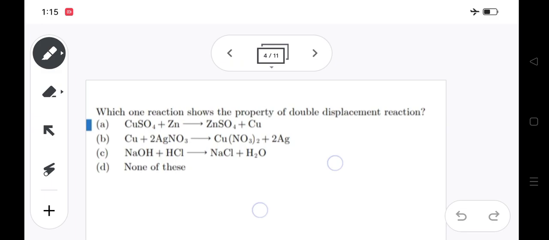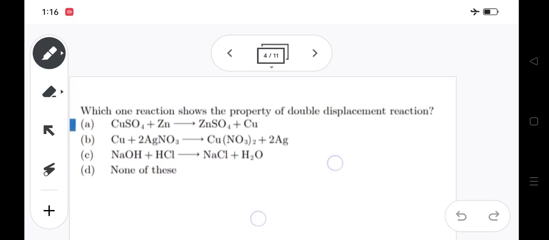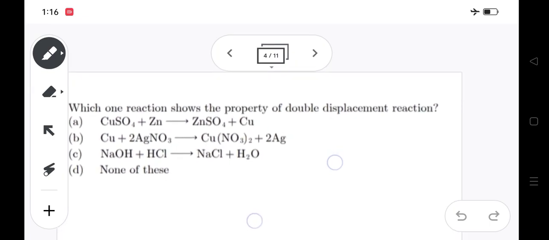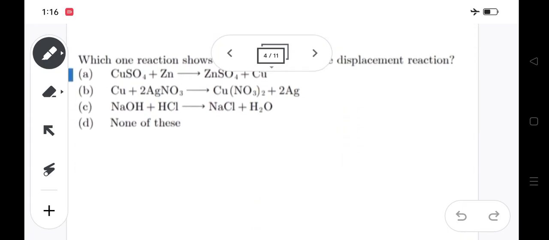See, A and B are both displacement reactions, not double displacement reactions. And what about C? NaOH plus HCl gives NaCl plus H2O. That is a double displacement reaction, where the sodium ion, hydroxide ion, hydrogen ion and chloride ion exchange their ions to form sodium chloride and H2O. So the answer is option C.